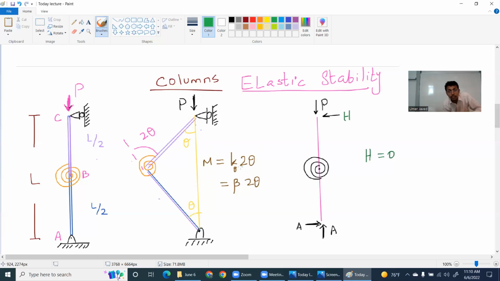So the restoring moment is given as K theta multiplied by theta. K theta I will be using as beta in this whole class. And at the end of the day, I am making a free body diagram. This is a pin joint, there is a roller, and there is a torsional spring. So this is how we will proceed in this class. The problems will be very interesting, by the way. So far, so good, right? Nothing fancy till now.